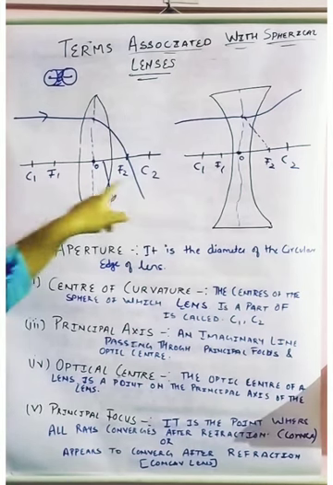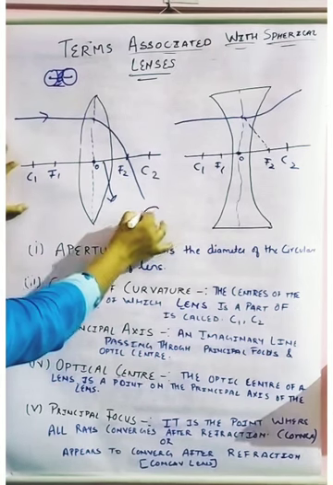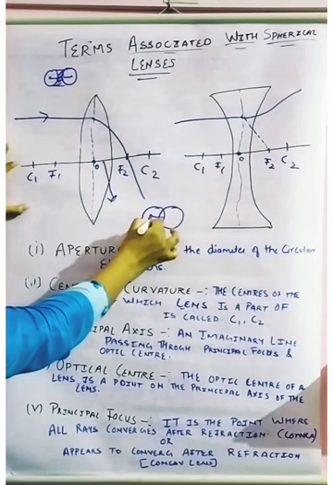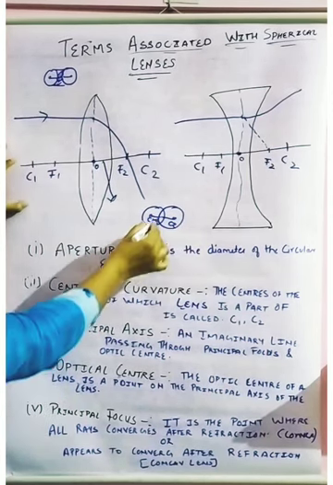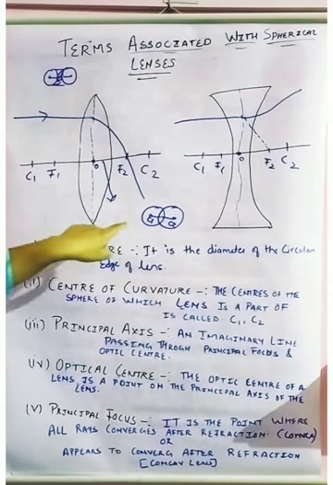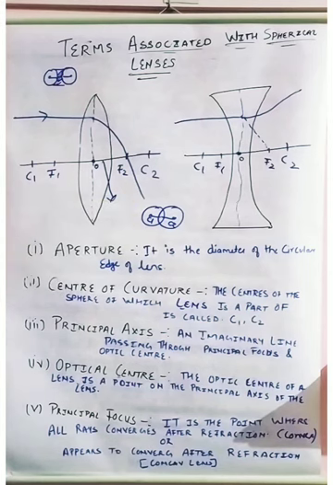What are C1 and C2? They are the centers of curvature. Because the lens is made up of two spherical bodies, it has its own center, which we call C1, and another center, which we call C2. The centers of these two spheres give us the centers of curvature.